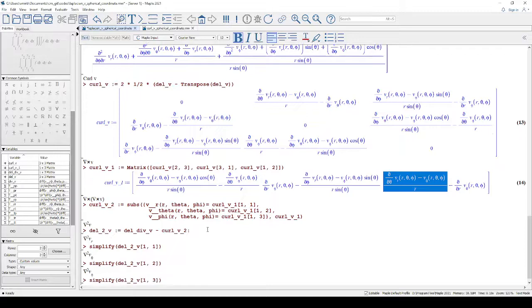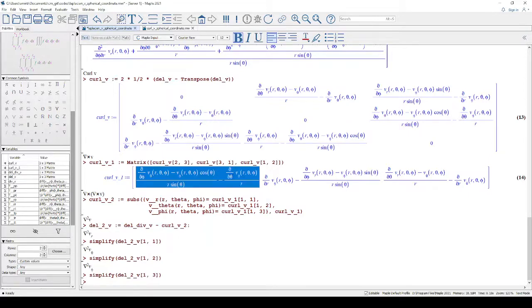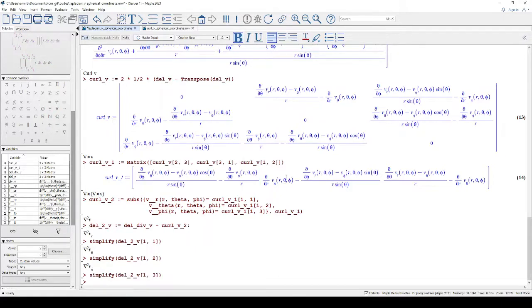So I use the substitute here, and I use substitute VR because, as I already said, now we have to put this, for example, instead of VR here, instead of we have to use, for example, this component here as V theta, and put it into here, and take the derivative with respect to phi, and then minus V phi.